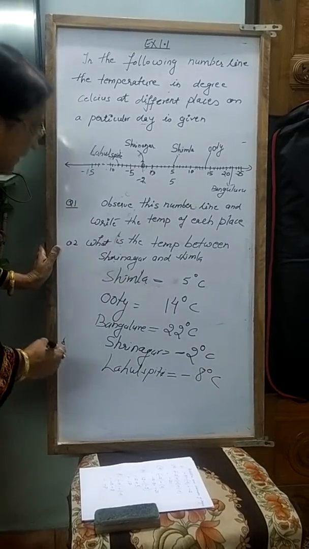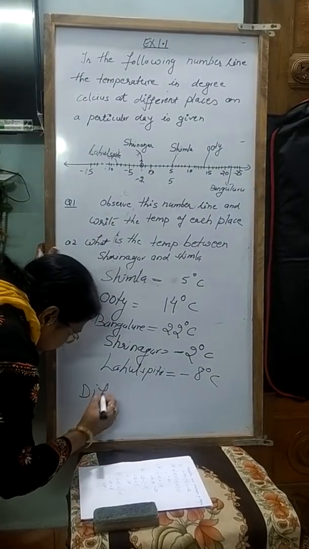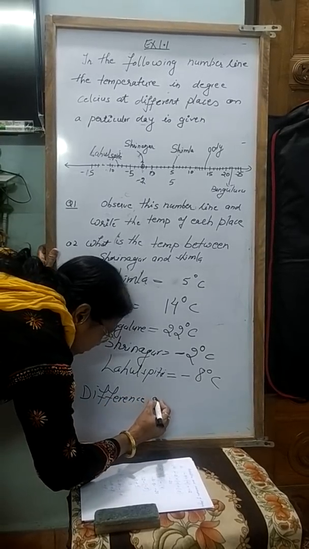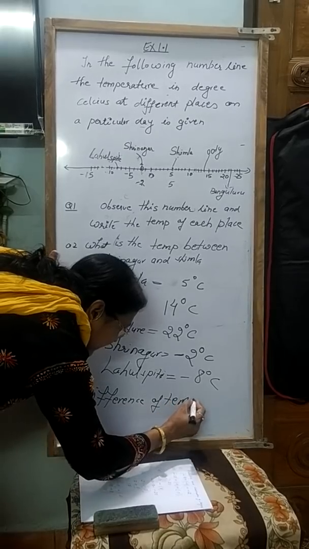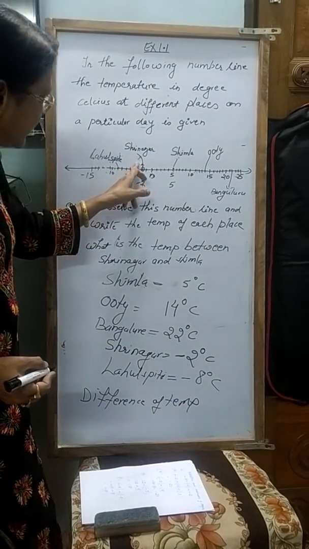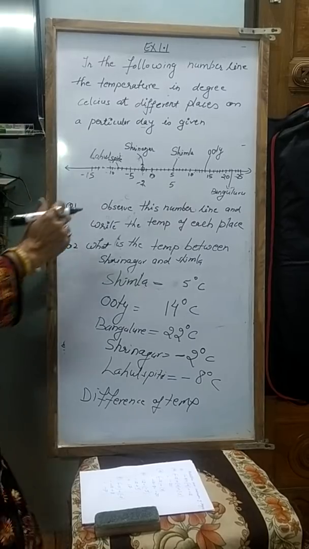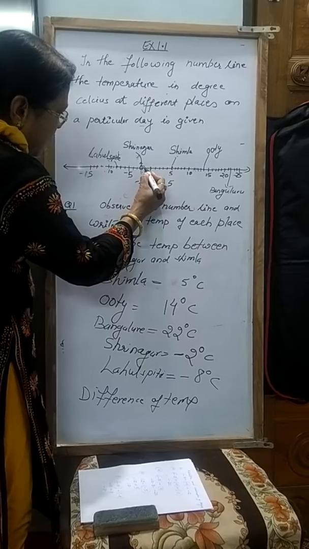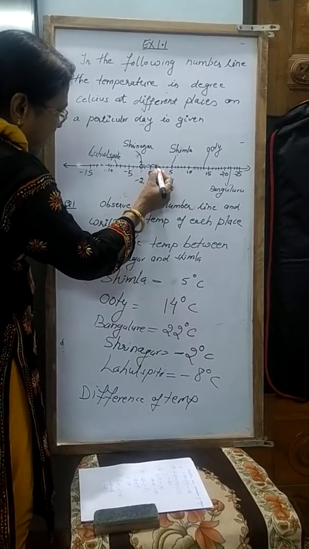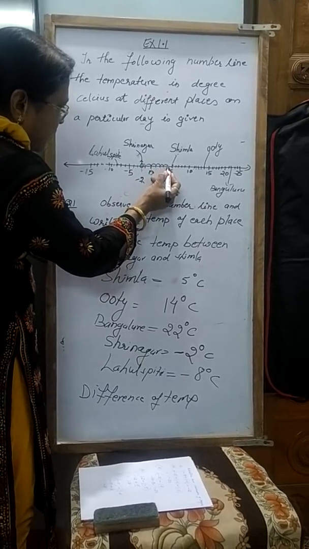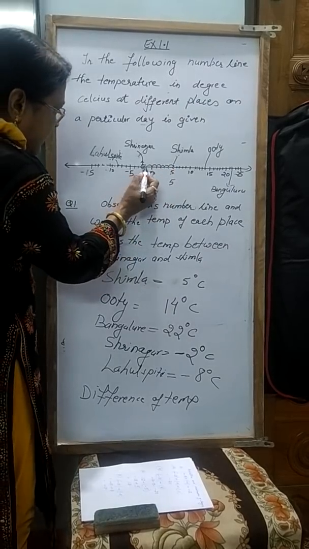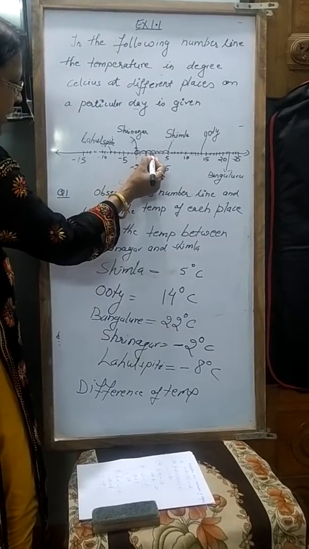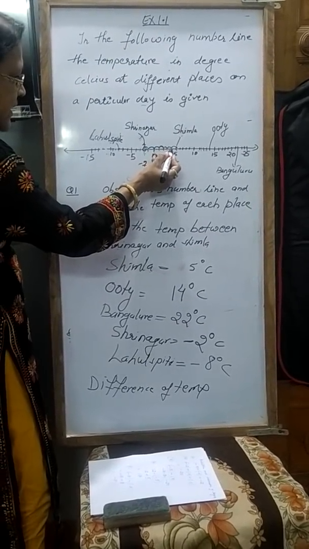So here the difference of temperature between Srinagar and Shimla. Suppose you go like this, -2, -1, then 0, then 1, then 2, then 3, then 4, then 5. So in this way you are going 7 steps. This is 1, 2, 3, 4, 5, 6, 7.